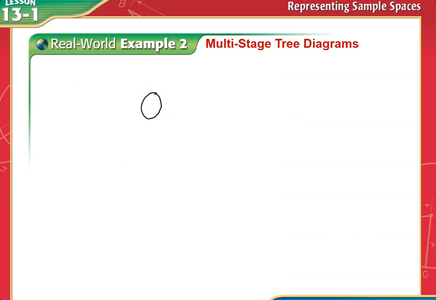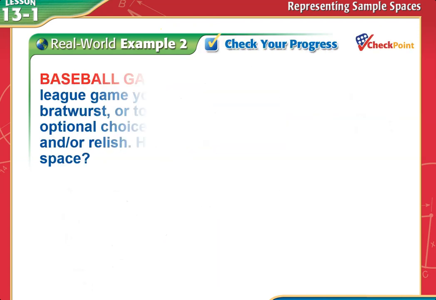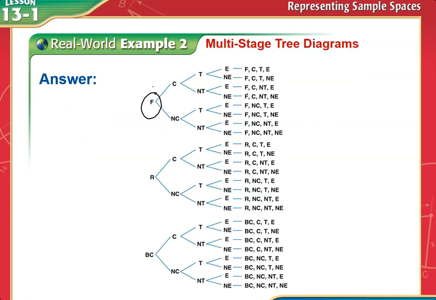That's going to stand for the French dressing, followed by having cheese and turkey and egg. So the outcome FCTE is one of the outcomes.